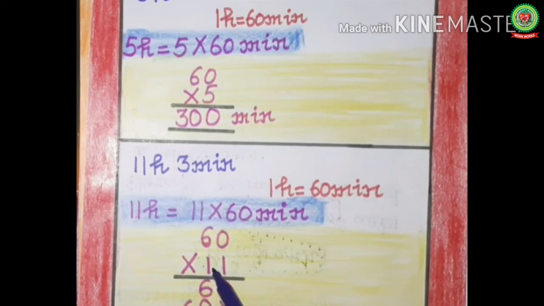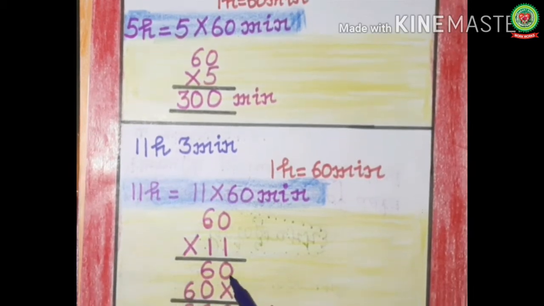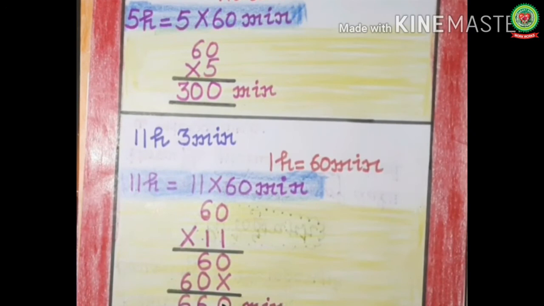Let's multiply. 1 zero is 0. 1 six is 6. Next step is addition. Here 0 will come. 6 plus 0 is 6 and this 6 will come down. So the answer is 660 minutes.